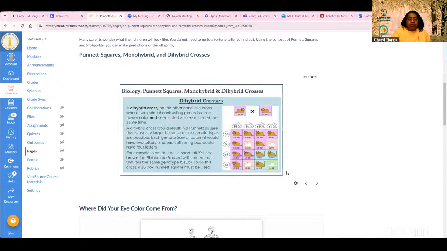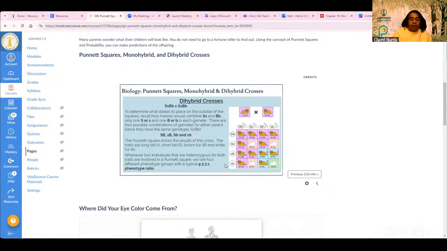All right, so here's another one, a dihybrid where they're looking at, what are they looking at here? The tail. So you either have a long tail or a short tail, or you're looking at the color. Okay, and there's that again.